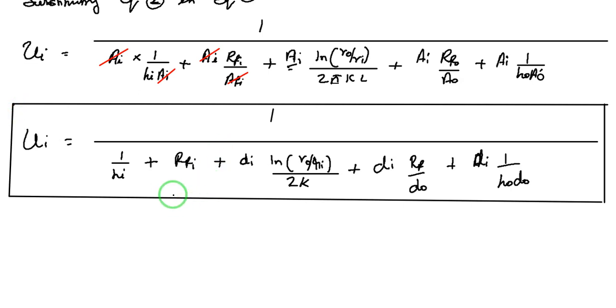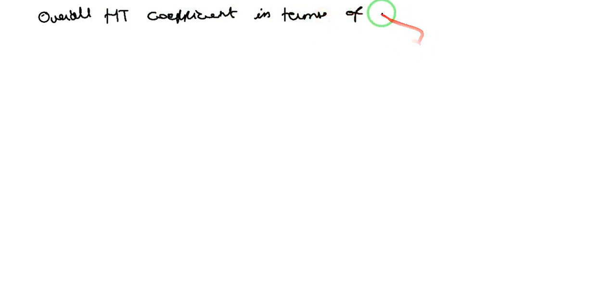Fine. Now let us continue our derivation. So overall heat transfer coefficient in terms of outer radius or outer circle, whatever it is.